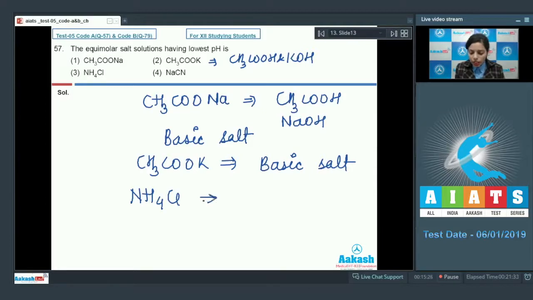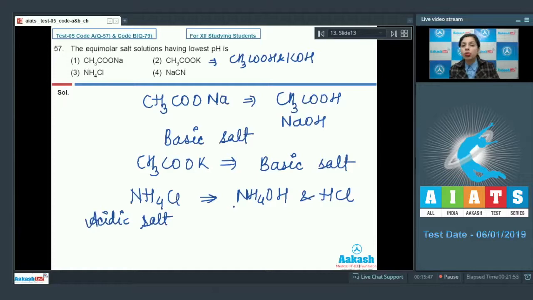This NH4Cl is the salt of ammonium hydroxide, NH4OH and HCl, a strong acid and a weak base. It means this is the salt which is acidic salt. And acidic salt always undergoes cationic hydrolysis, you all know that, and this NH4Cl in water will produce H+ ion in the solution. It means the pH of this salt solution is less than 7.